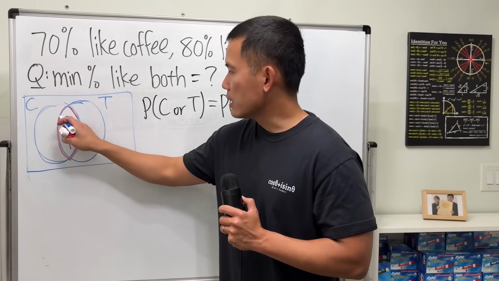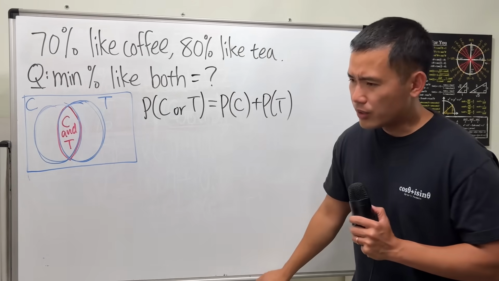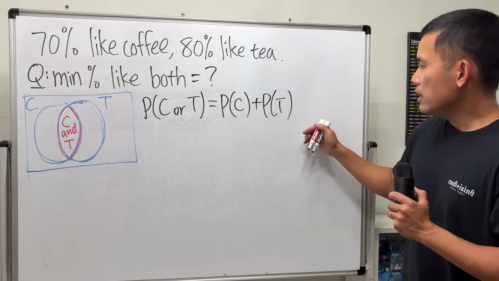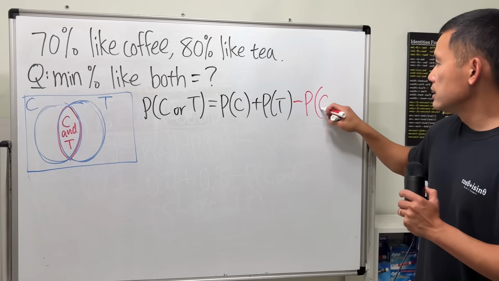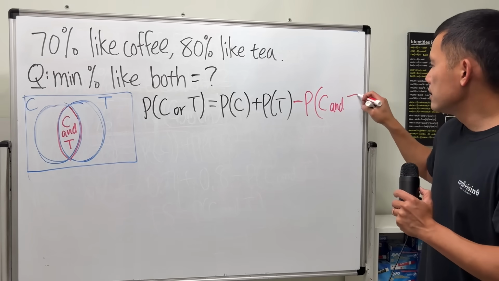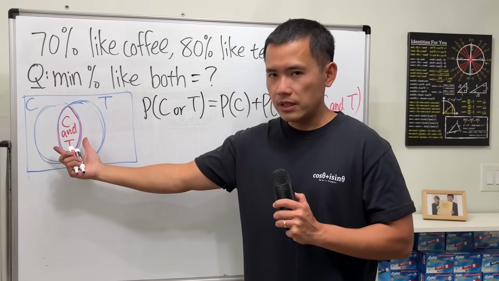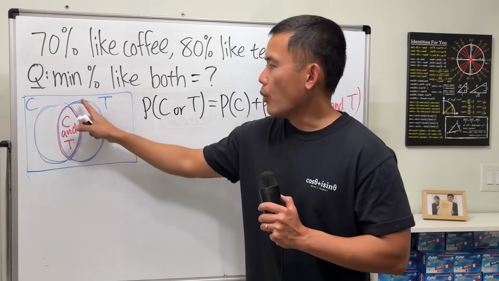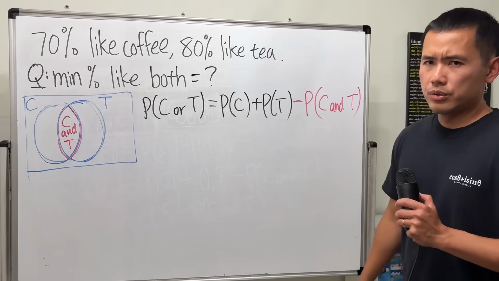And then if I do this again, I will be including this part again. That's no good because that's double counting. So right here at the end, we will actually have to subtract the percentage of C and T. And this is the formula for the percentage or the probability of A or B, in this case, coffee or tea.